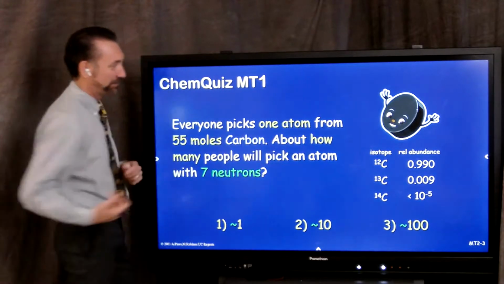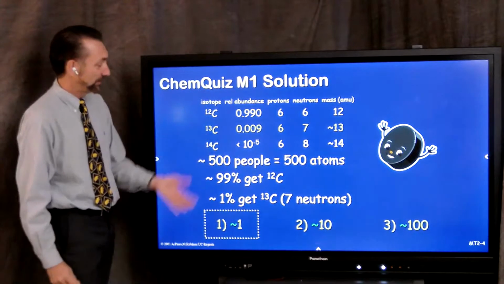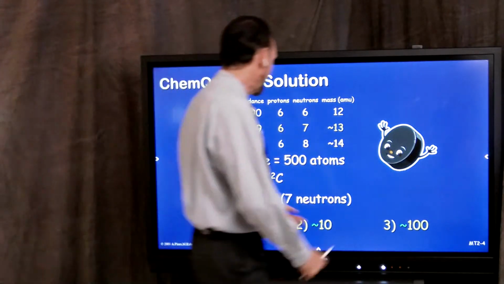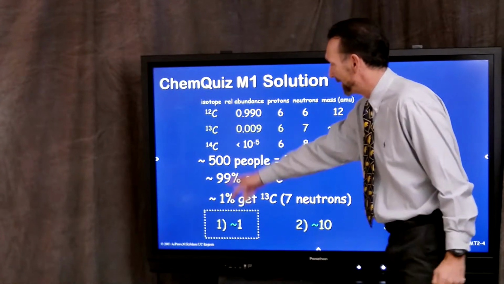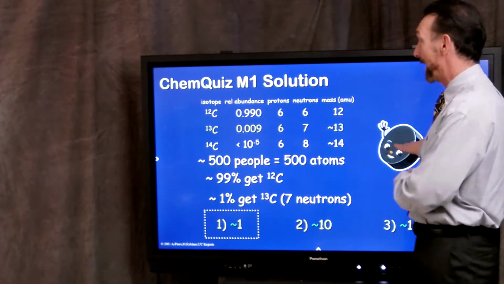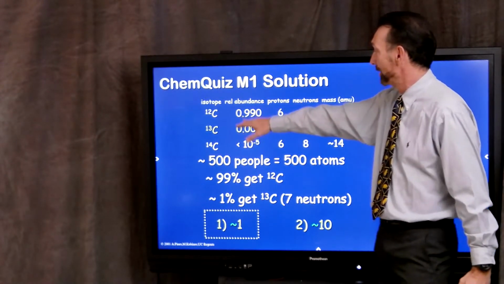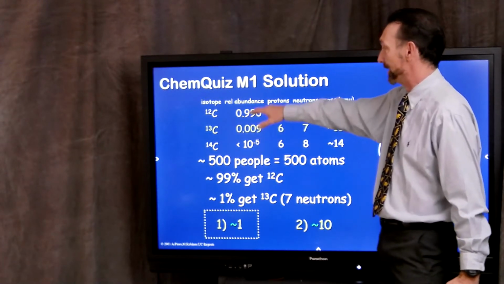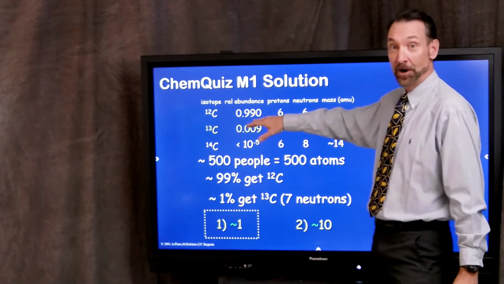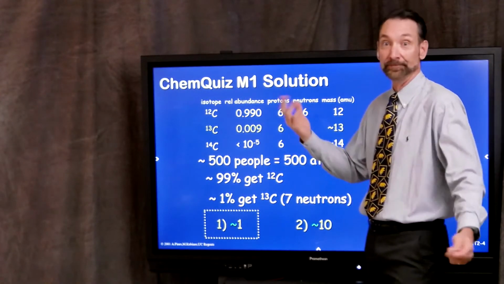The first one is the one you chose. I agree with you who chose the first one. The relative abundances. I was doing it for 500 people, but it doesn't matter how many people or how much carbon there are. The important part is there are 1 in 100 atoms of carbon that you pull out of nature. 1 in 100 of them is a carbon 13.